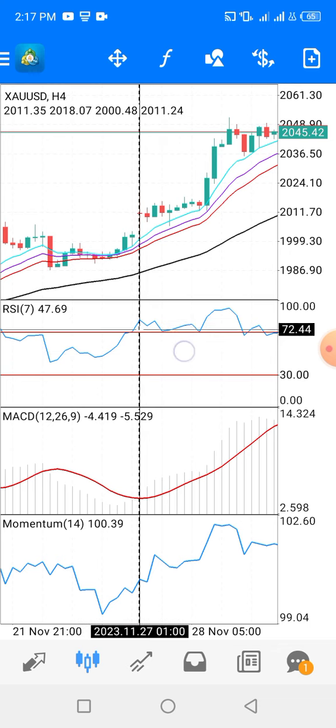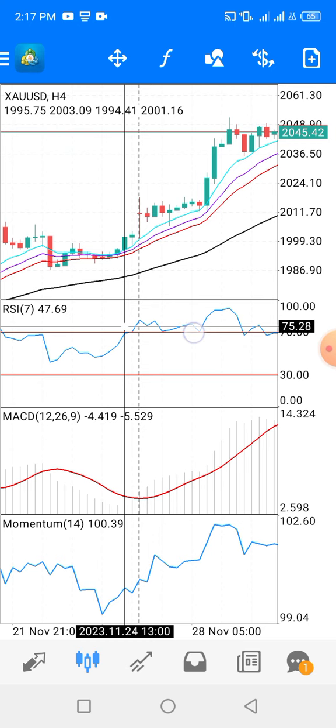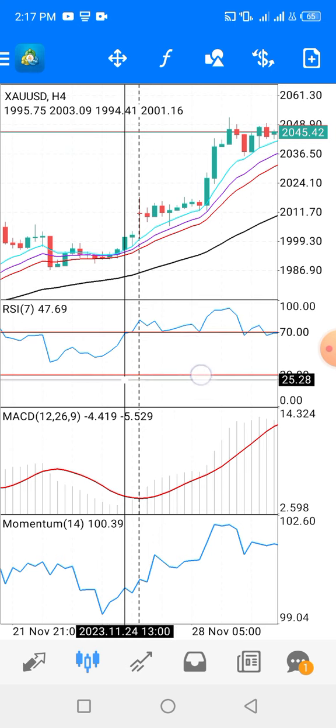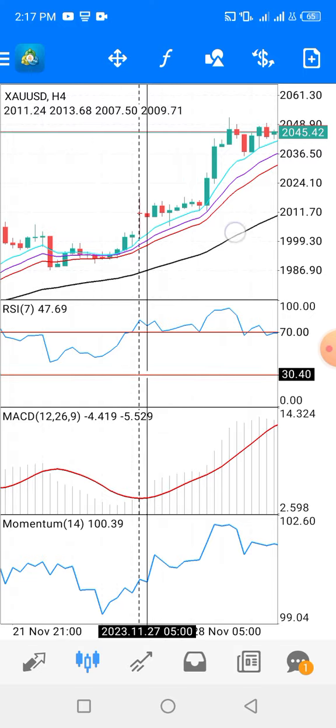Let me give the rule to you. This is the 70 RSI level over here, and then the 30 RSI level. So if you want to buy, the market should be on an uptrend. How do we see that the market is on an uptrend? It's when all the moving averages are above the black moving average, the 50 EMA.